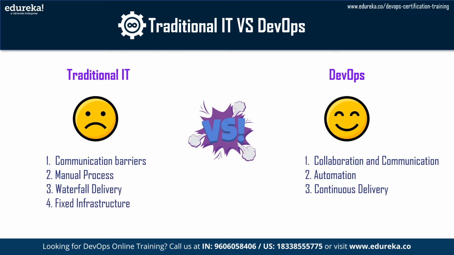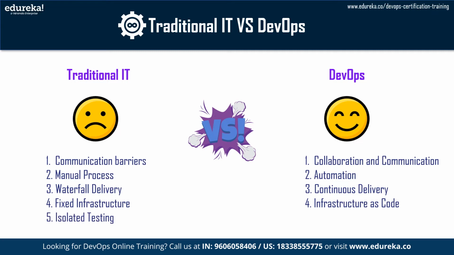Traditional models involve manually managing and configuring infrastructure, which can result in inconsistencies and difficulties in reproducing code environments. Whereas DevOps utilizes infrastructure as code principles, allowing for the automated provisioning and management of infrastructure. This ensures consistency across different environments and facilitates scalability.